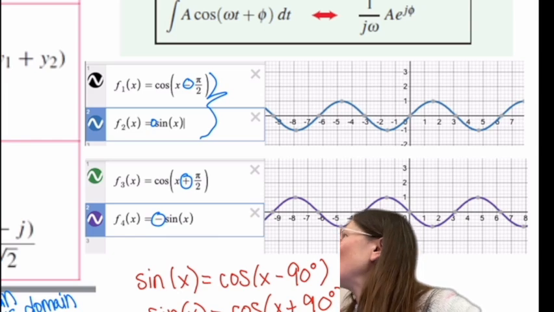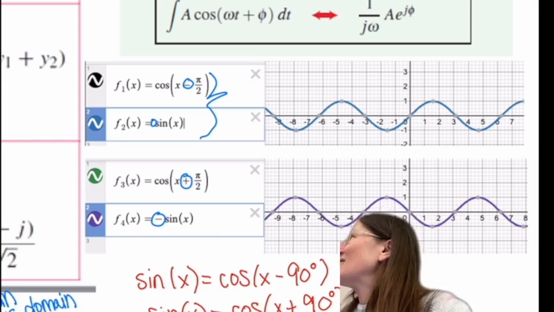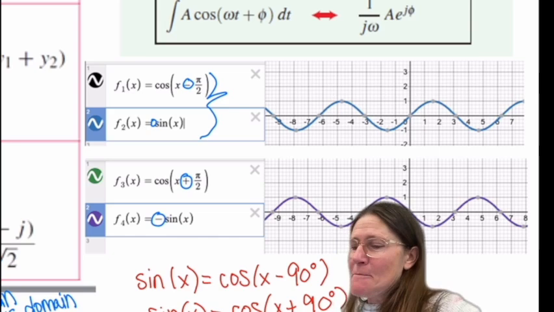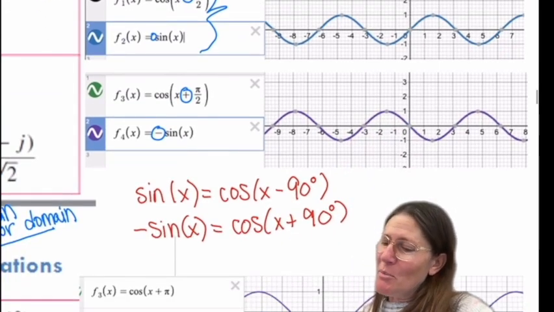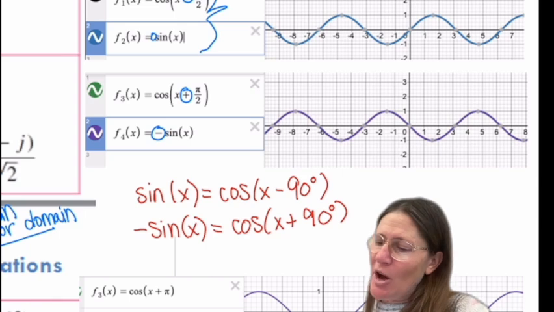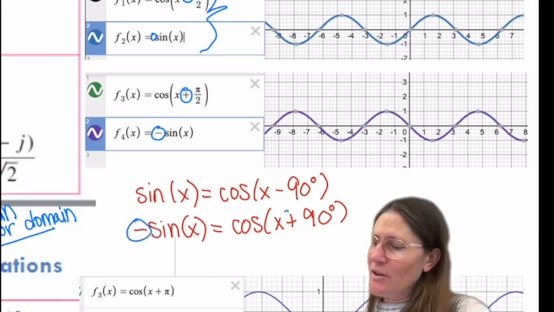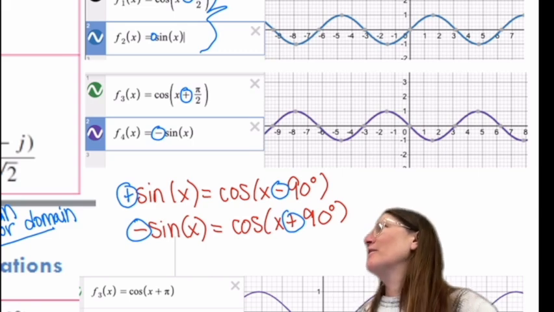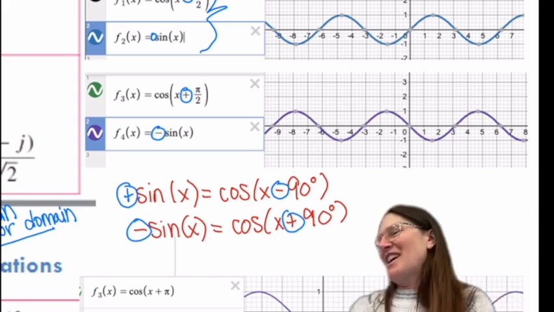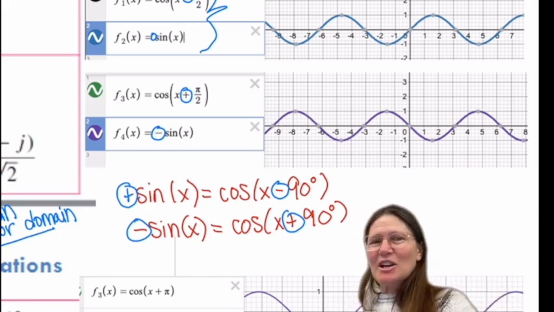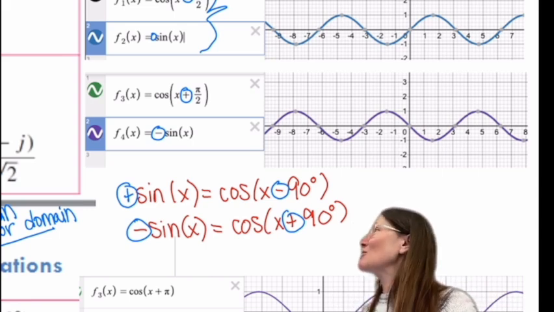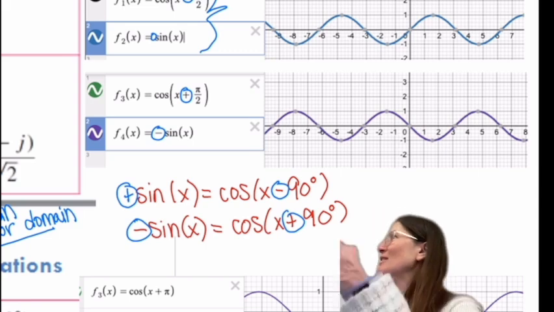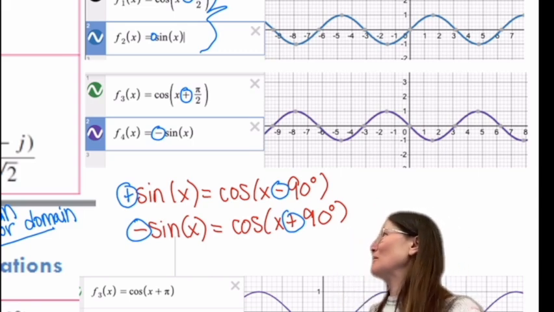So if you forget, you can always graph them and see what they are. If you're trying to memorize, it's opposites. If you have a negative sine, this one will be plus. If you have a plus, this one will be negative. But if you don't use them all the time, you forget. Just graph them and see which way it shifts.